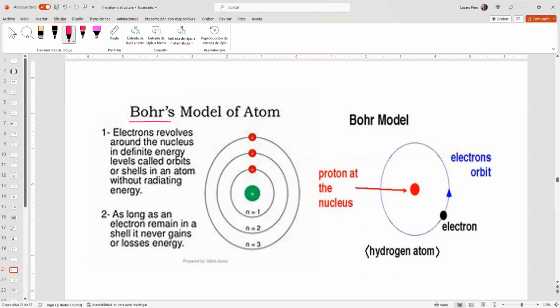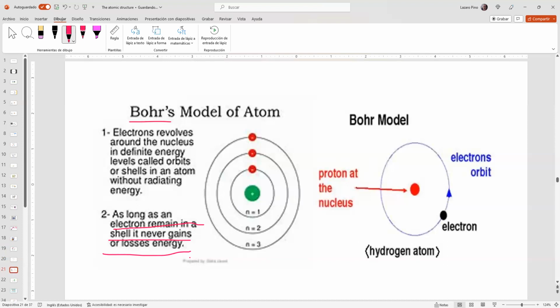We could quantify the energy of the different levels, and he explained that the electrons remain in the shell and never gain or lose energy.